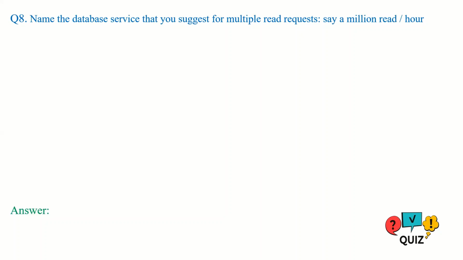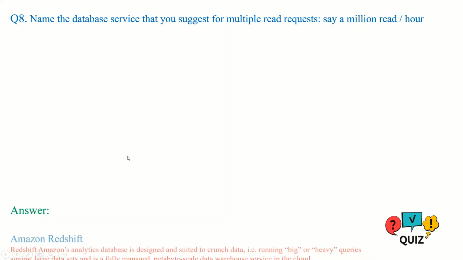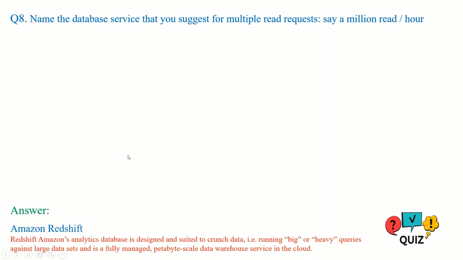Redshift? Yes, that's correct. Amazon Redshift is an analytics database designed and suited to crunch data, running big or heavy queries against large data sets, and it is a fully managed petabyte-scale data warehouse service in the cloud. That's good.